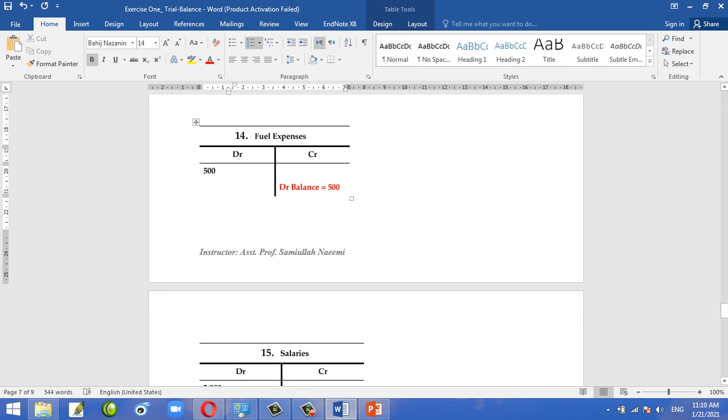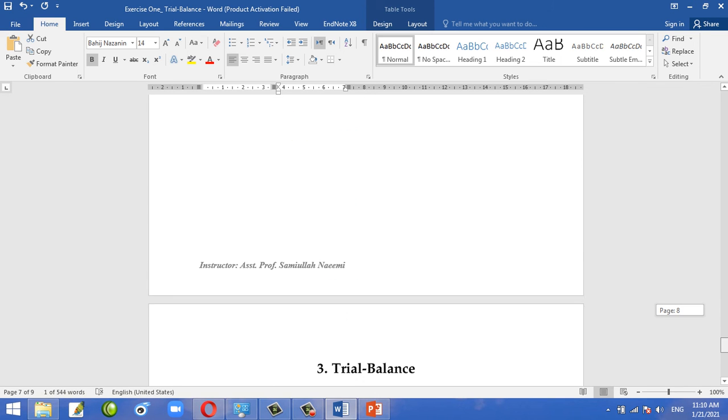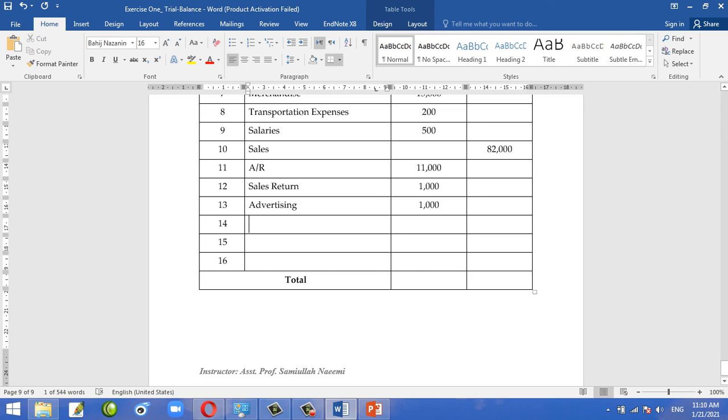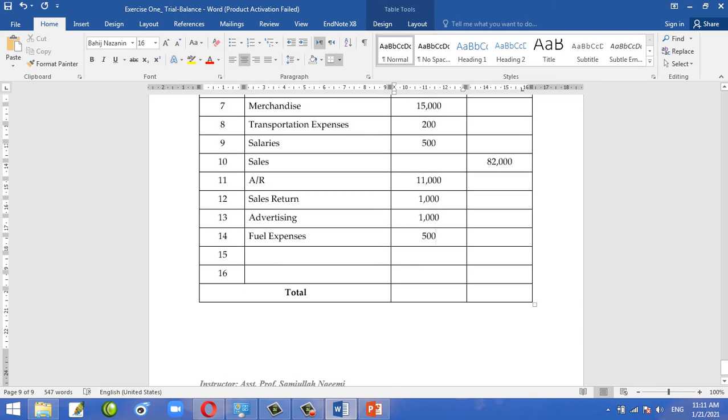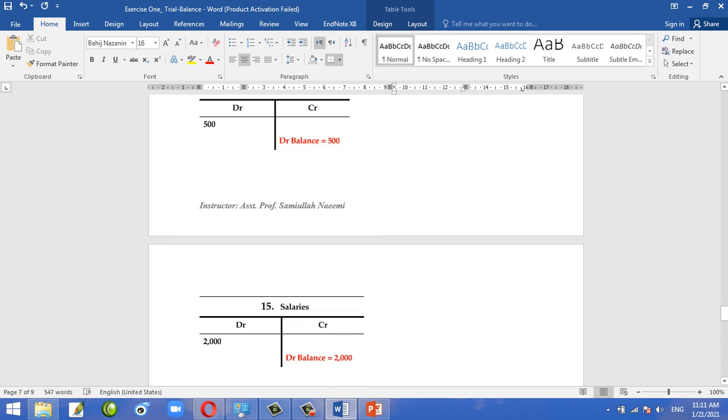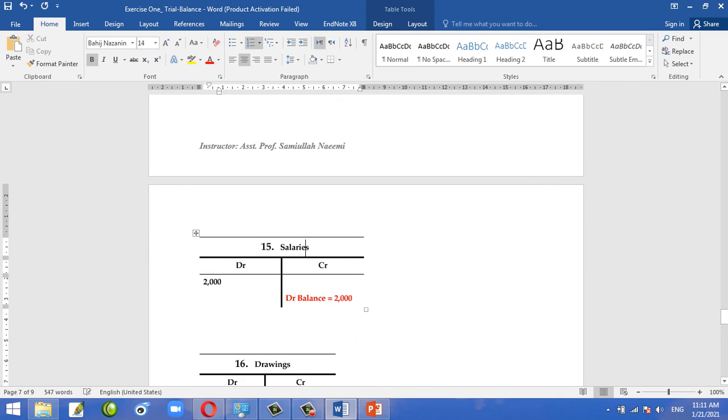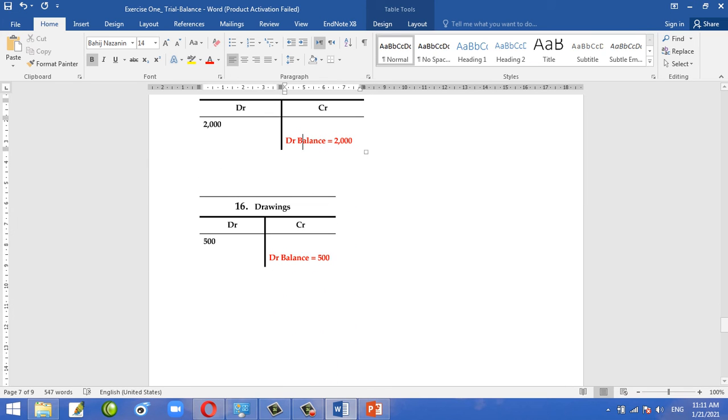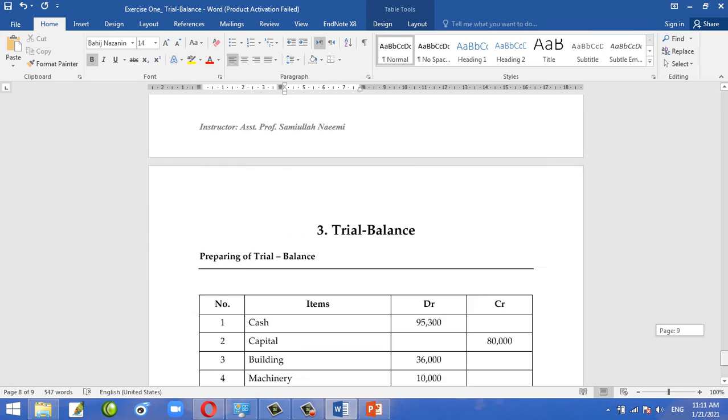Now the next one is fuel expenses. We have 500 in debit side because the debit balance is written here. Fuel expenses is worth 500. The next one is salaries. Salaries is worth 2,000 in debit balance, and the last one is drawings.